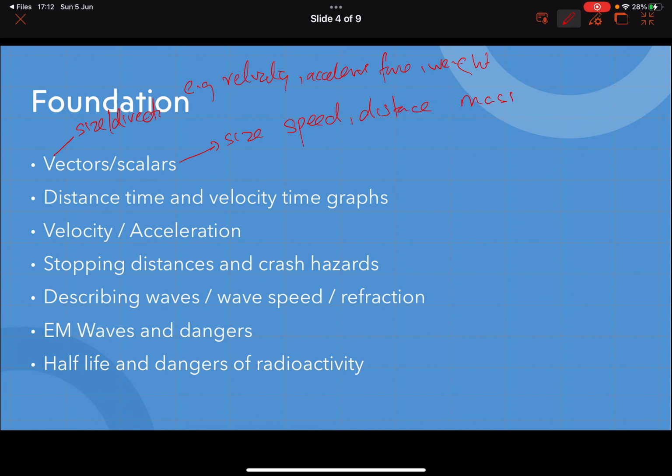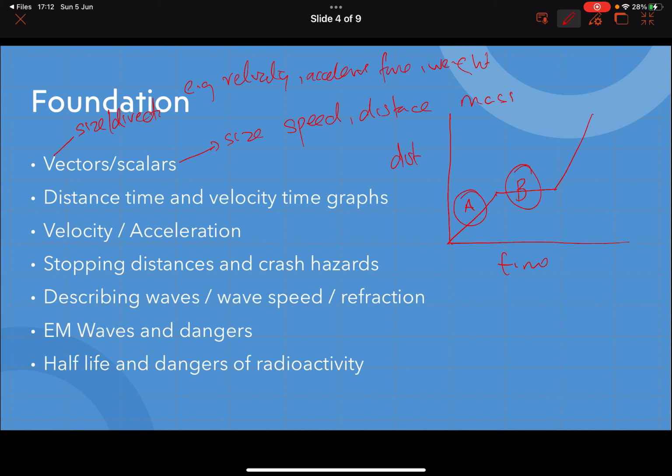Okay, distance time graphs. You are expected to know or interpret distance time graphs. A distance time graph can look something like this. Part A means your speed is constant, you've got a constant gradient.